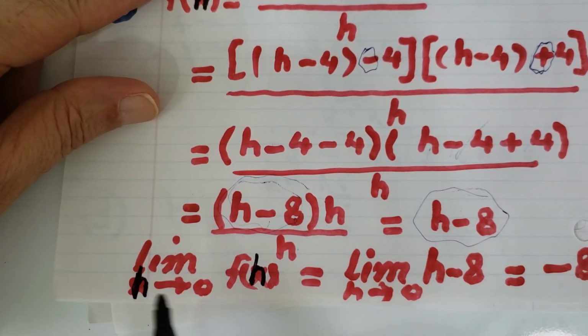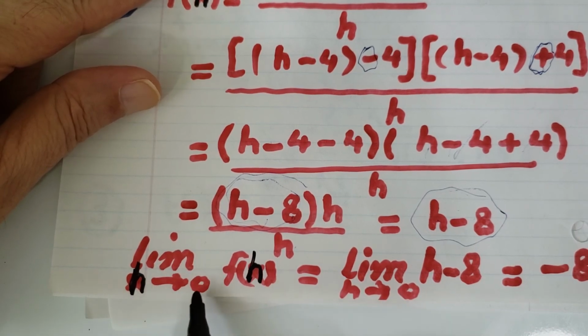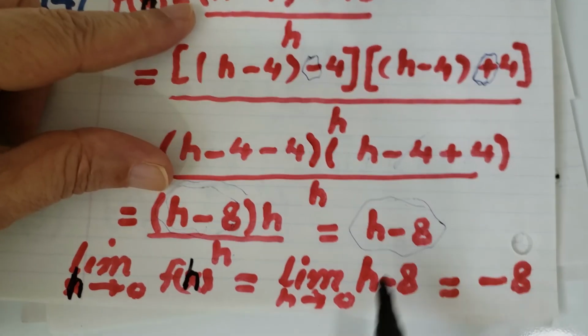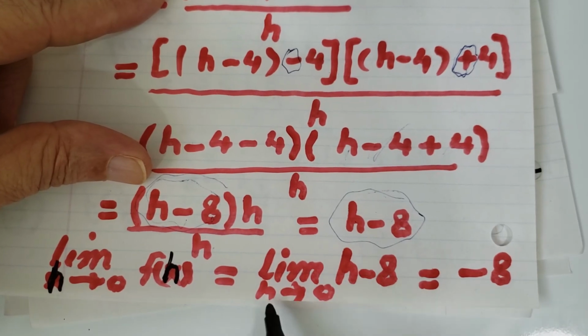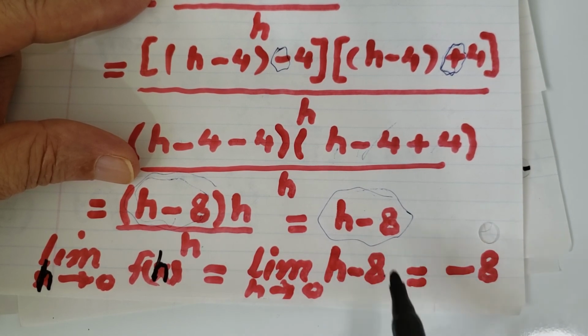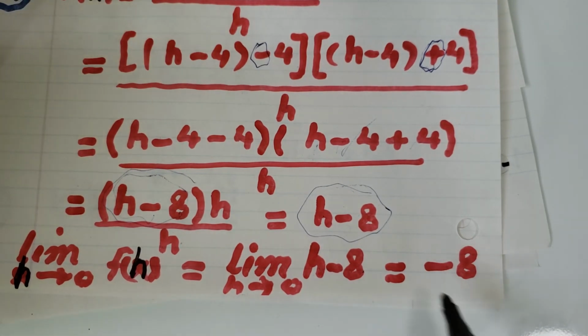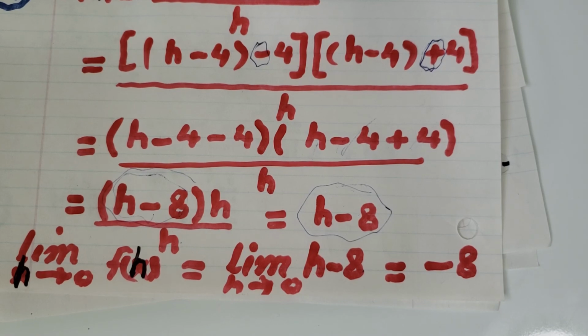The limit of f of h when h tends to 0 is equal to the limit of h minus 8 when h tends to 0. Make the substitution of h by 0. So it's 0 minus 8, that means minus 8. Then the limit, negative 8, is the final answer for this question.